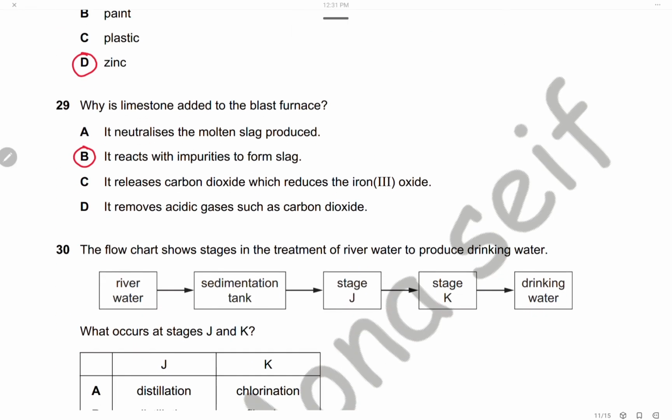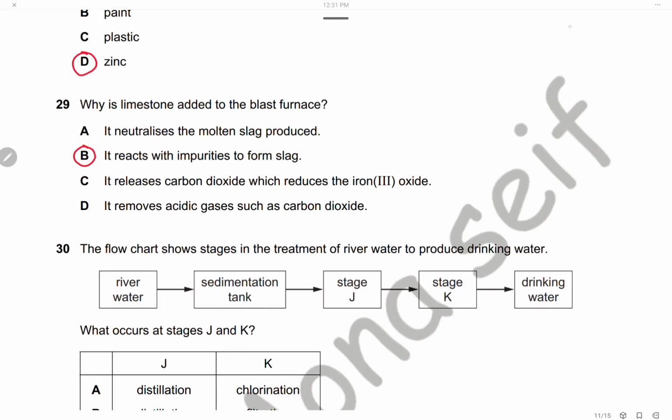Question 29. Why is limestone added in the blast furnace? Neutralize the molten slag which is produced. Of course, this is wrong. Limestone is used to form the slag. Get rid of the impurities silicon dioxide by forming a slag. It reacts with the impurities to form a slag. This is correct.